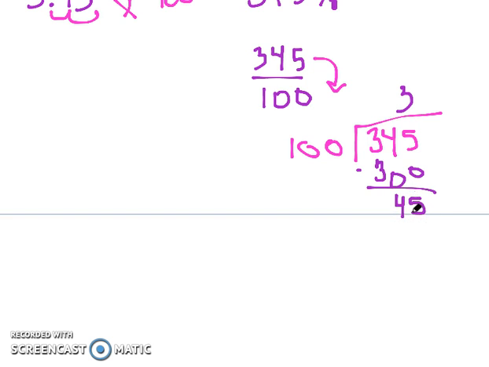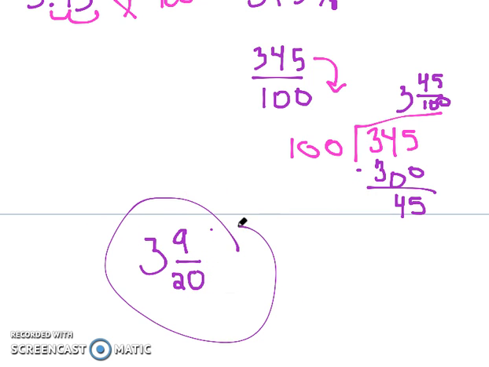Again, I'm writing this in fraction form, so I have 3 and 45 hundredths. But from the problem before, I know 45 hundredths can be written as 9 twentieths. So this simplified is 3 and 9 twentieths. 45 divided by 5 is 9. 100 divided by 5 is 20. 3 and 9 twentieths.